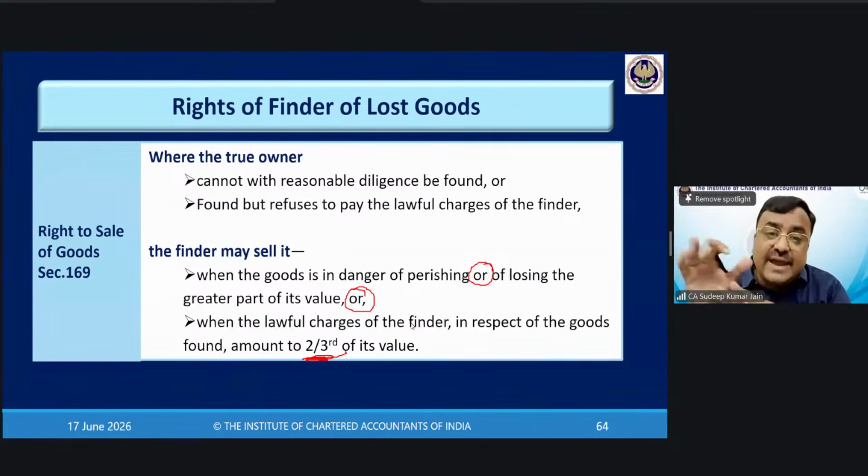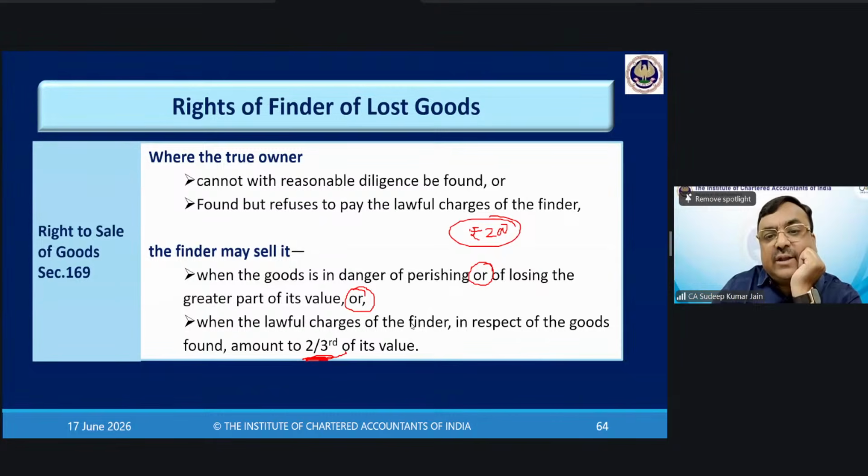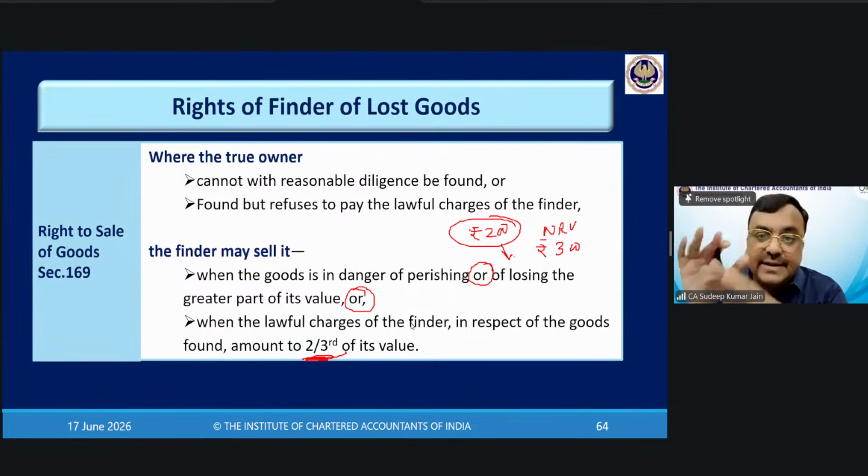So if the expenses incurred are 2/3 of NRV, net realizable value, in that case he can sell the goods. Suppose expenses were 100 rupees and 200 rupees, and the NRV is 300 rupees. So expenses are 2/3 of the NRV. In that case, the finder may sell the goods.